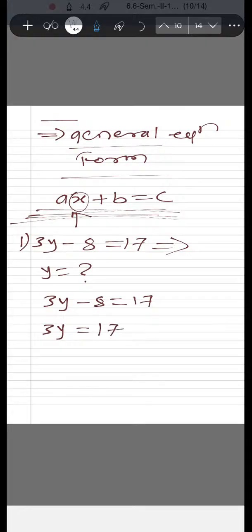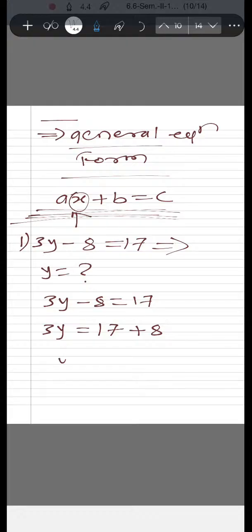As I said, in an equation, if any particular value changes its side, it changes its nature. So here that minus term, when it goes to this side, goes from subtraction to addition. Therefore the value will be 8.